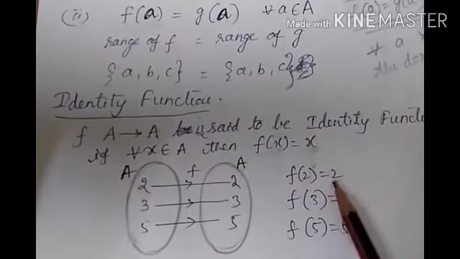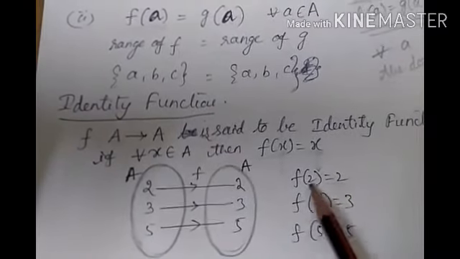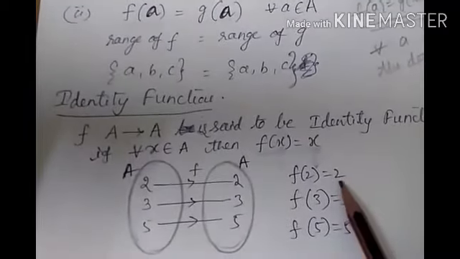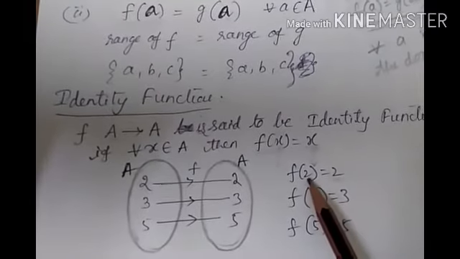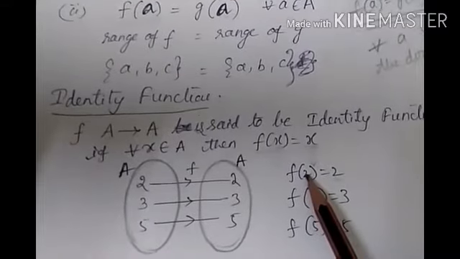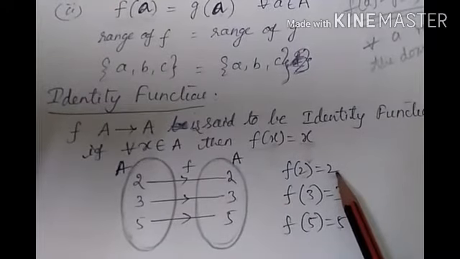So we can define identity function in this way. An identity function is a function that always returns the same value that was used as its input. Whatever the input used, you get the same value as output.